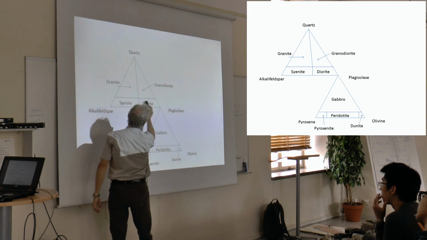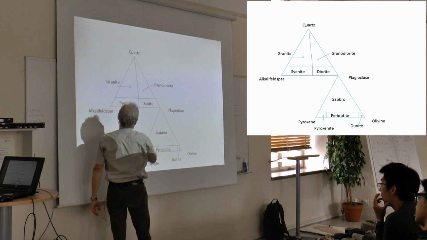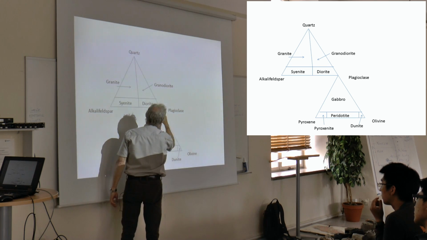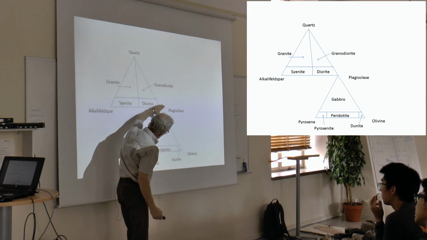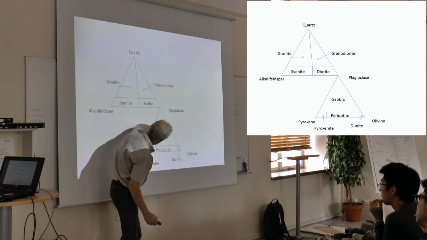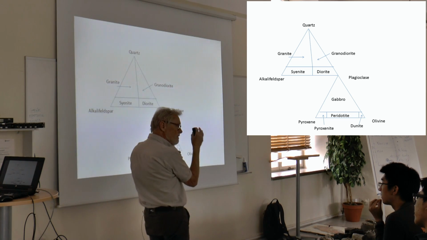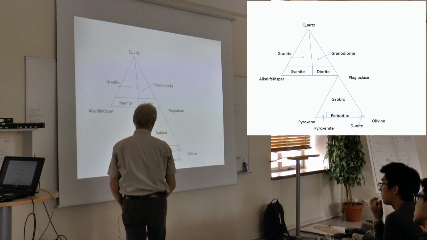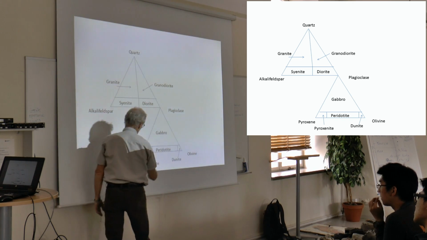And then these are the acidic rocks. And then we go down here, there are intermediate rocks. So we have here diorite. And then if we go down and find this olivine and pyroxene, we have the gabbro, these mafic rocks. So everything is very close together. And this is the ultrabasic rocks we have down here.